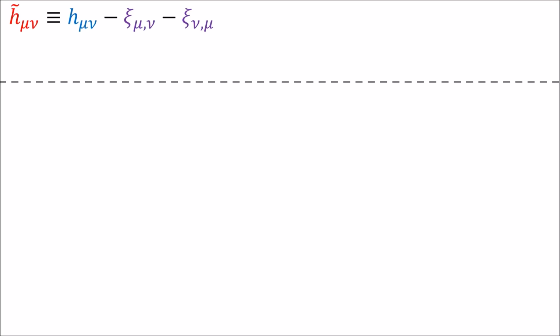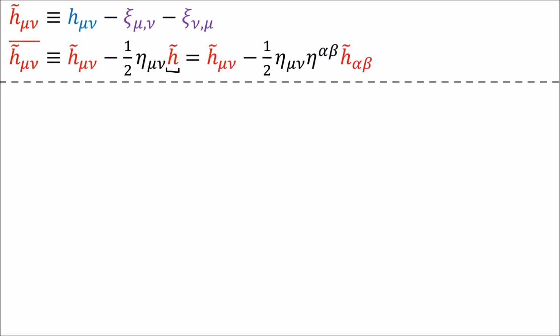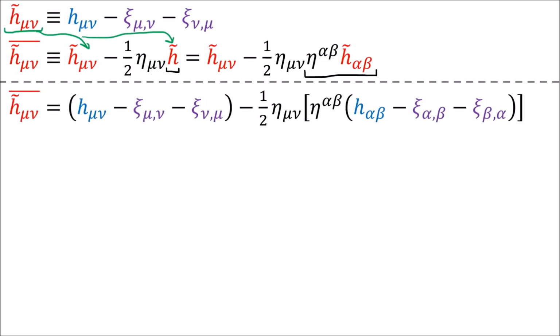So we know how h transforms under a displacement field, and we have our definition for h tilde bar, where we can write the trace of h tilde using h tilde and an inverse eta. We can plug in h tilde from our transformation formula into the h tilde bar definition.